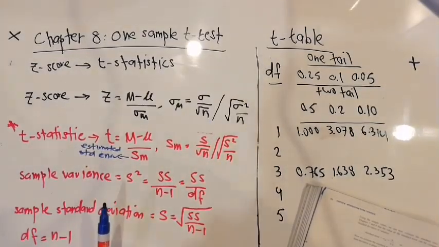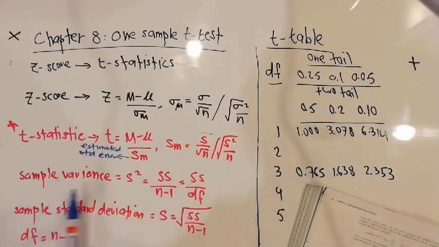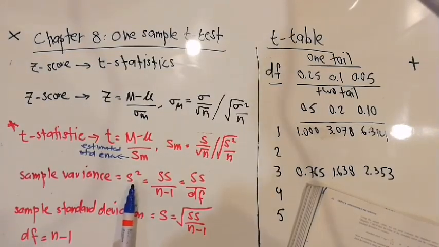Sometimes the questions will ask you for the sample variance first, so you have to find small s squared.